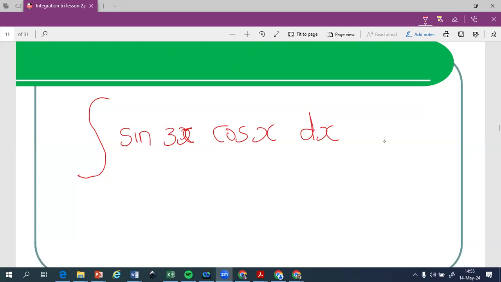Which answers do we have? Today, let me first choose and see. Chanel, tell us, what do you have? I have negative a quarter cos 2x minus an eighth cos 4x plus c.